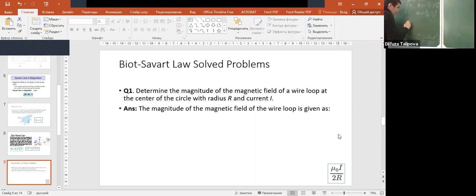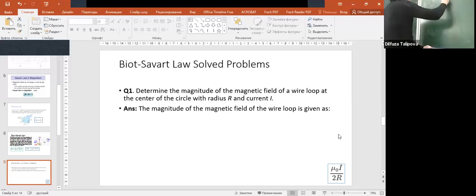So the length of the circle is equal to 2 pi R. So I should put 2 pi R instead of the L. So we have the magnetic field equal to mu0 divided by 4 pi multiplied by I multiplied by 2 pi R divided by R square.